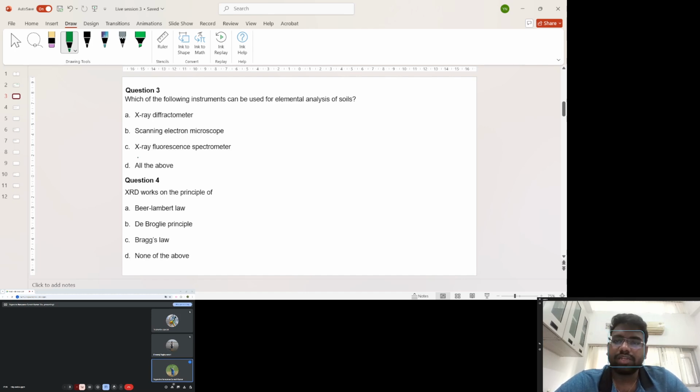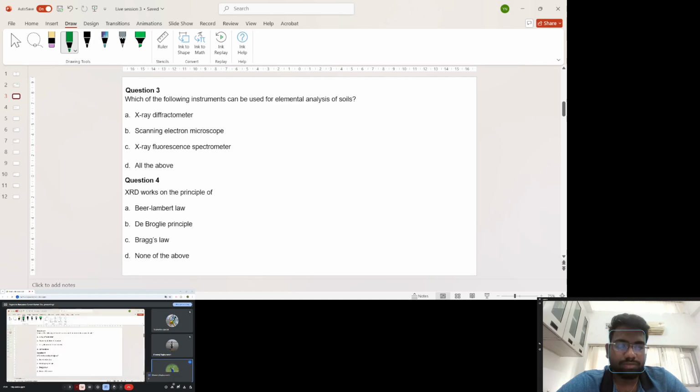Option C, X-ray fluorescence spectrometer. Option D, all of the above.